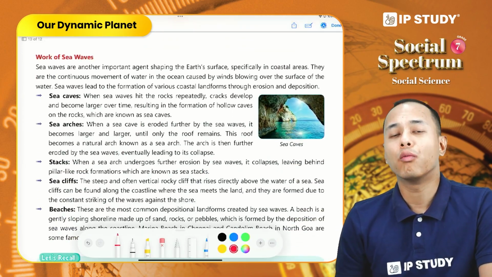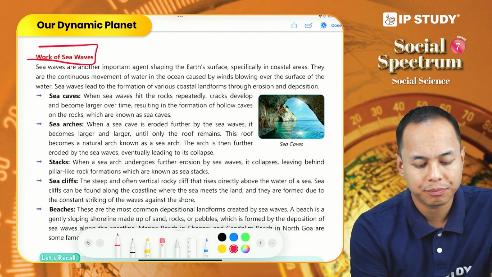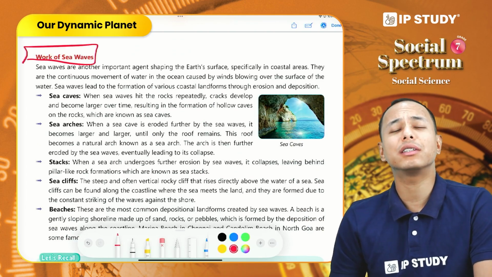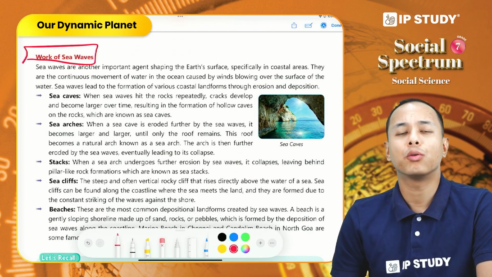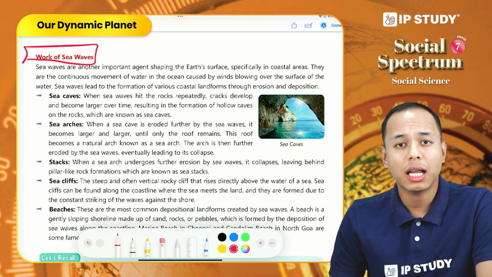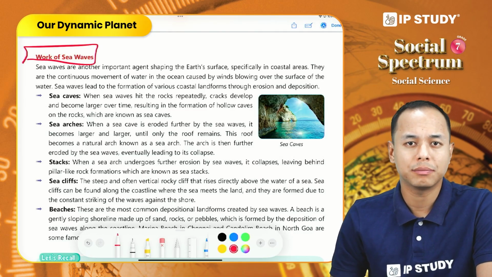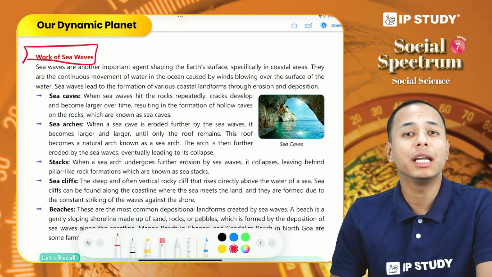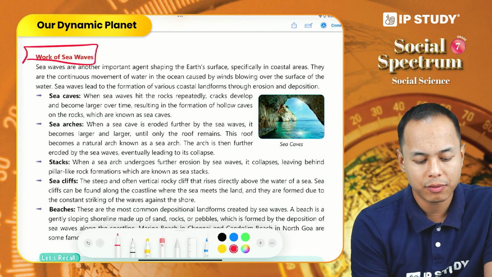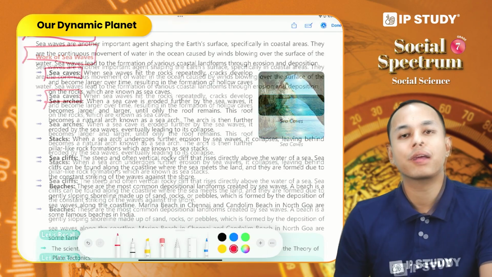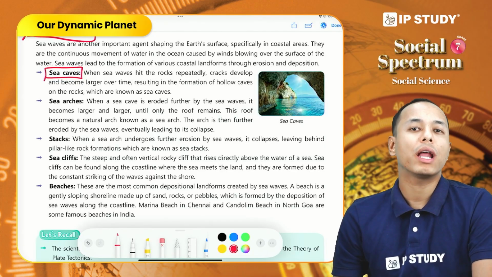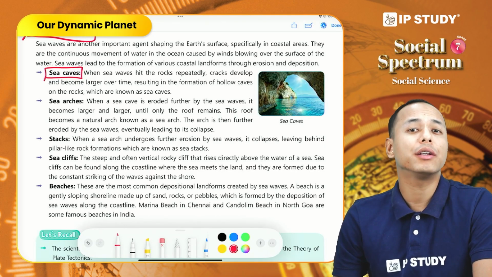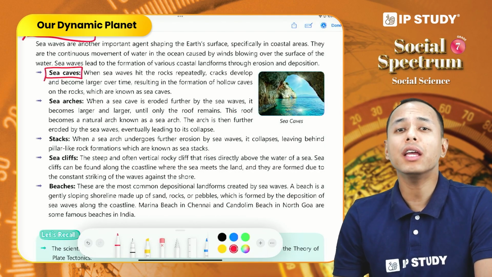Now comes the work of sea waves. So sea waves are very important erosional and depositional agents in the coastal region. Okay, they erode and they also deposit material, leading to formation of different landforms. First one is sea caves. So sea caves are hollow-like structures or landforms created due to the action of sea waves on the rocks.